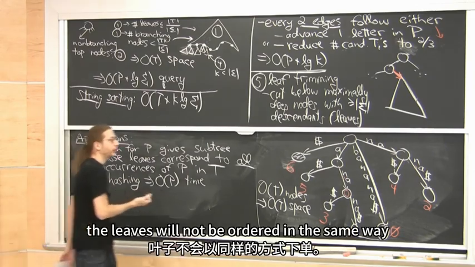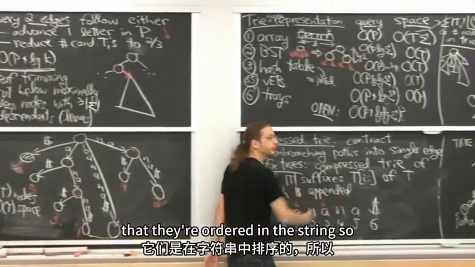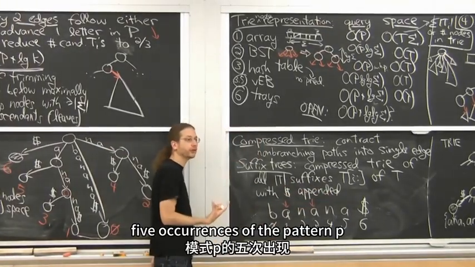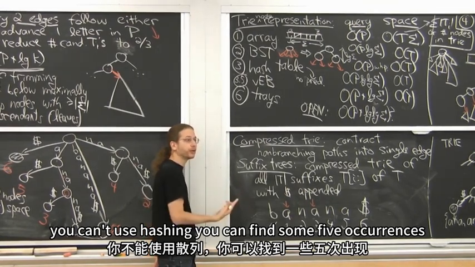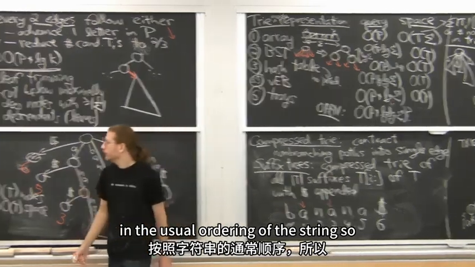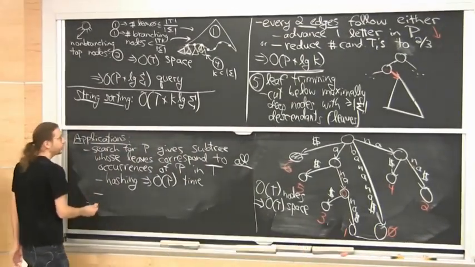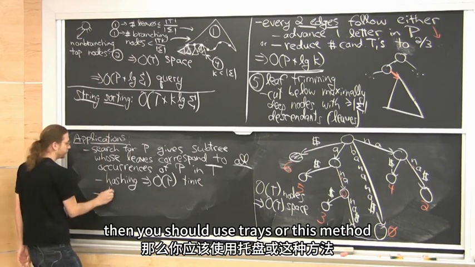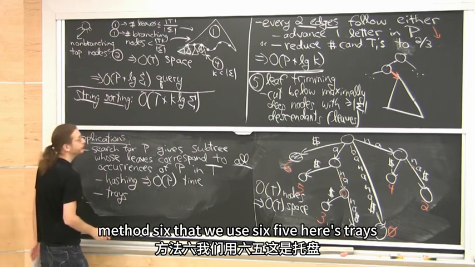So in that situation, the leaves will not be ordered in the same way that they're ordered in the string. So if you really want to be able to find the first 5 occurrences of the pattern P, you can't use hashing. You can find some 5 occurrences, but you won't find the first in the usual ordering of the string. So if you really want the first 5, you want them in order, then you should use trays, or this method 6 that we used, 6, 5.